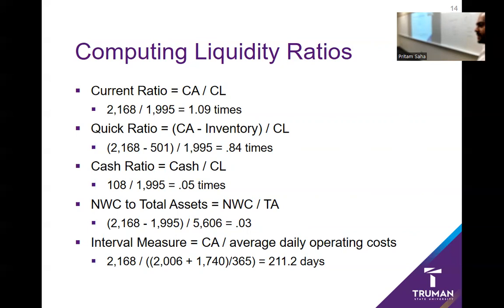So current ratio tells you your capacity to pay short-term debt or current liabilities. It also gives you some information about your working capital investments. But there is a problem with the current ratio.